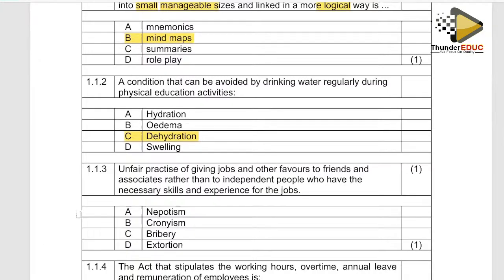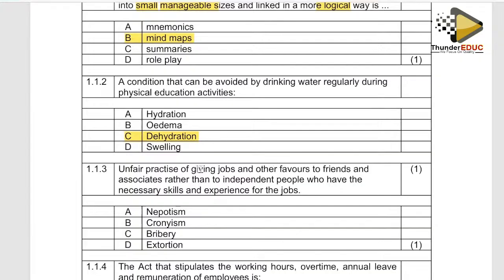1.1.3: the unfair practice of giving jobs and favors to friends and associates rather than to independent people who have the necessary skills and experience for jobs. We also need to highlight our keywords so that we know exactly the answer to pick.